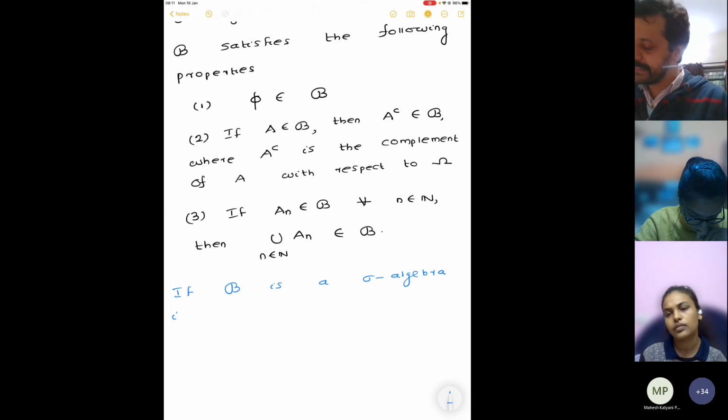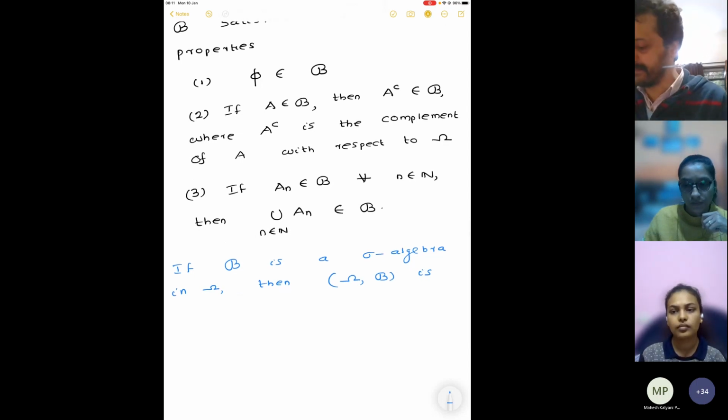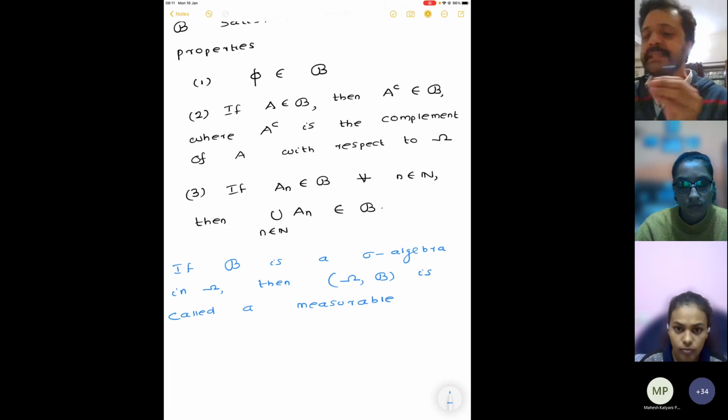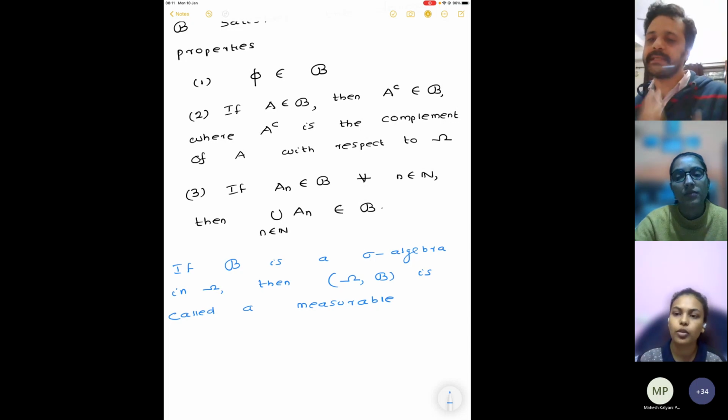Anyway, if B is a sigma algebra in omega, then the pair omega comma B is called a measurable space. If X is a set and tau is a topology on it, the pair X tau is called a topological space.